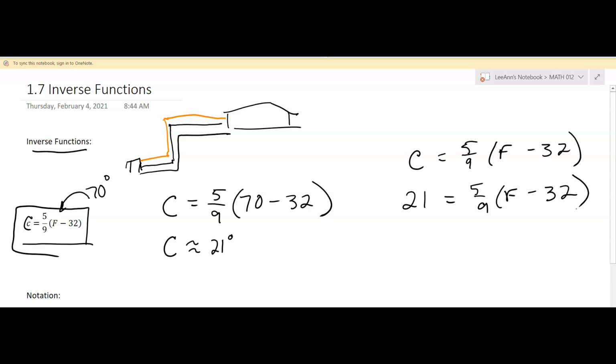You'd have to multiply by 9/5, and then add the 32, and you'd get approximately 70 degrees. It'd be close. We'll show you in detail how to do these things, but that's the idea of inverses.